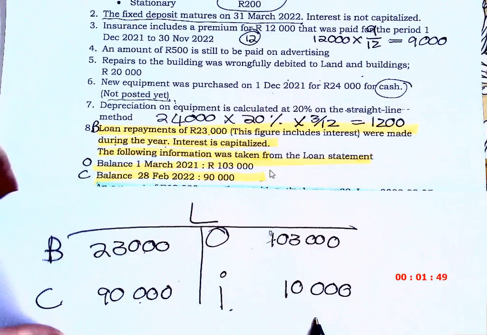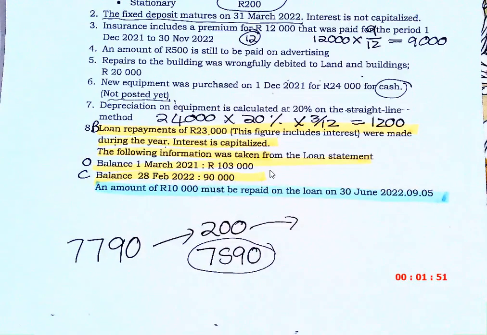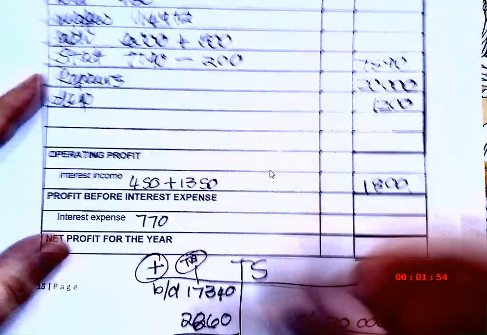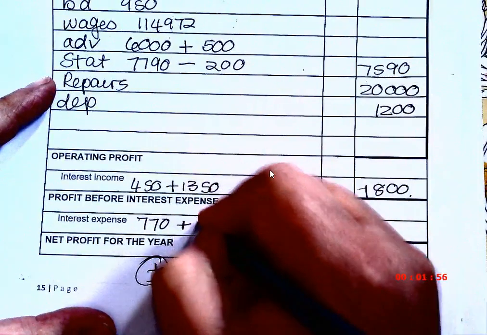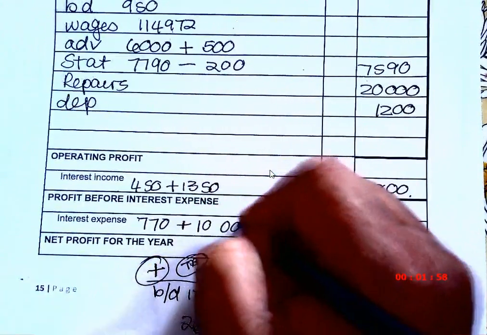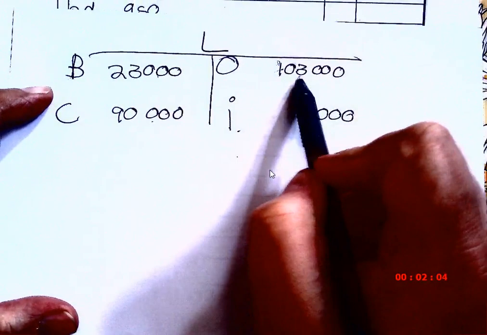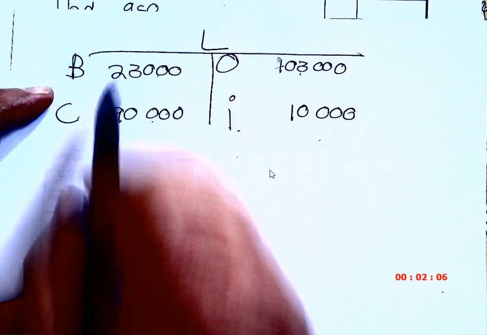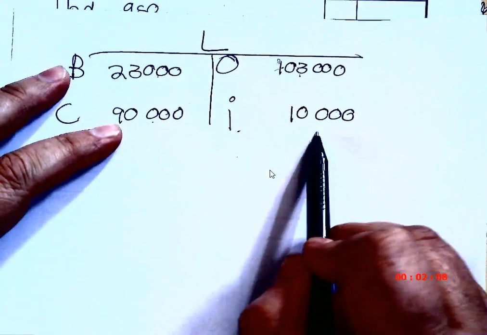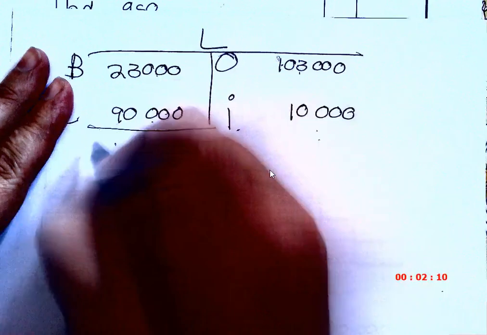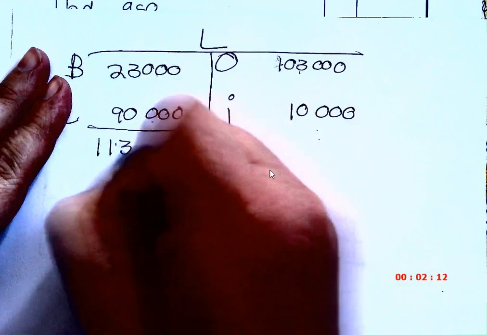Everybody with me? So when I go to the income statement, okay, let's repeat. So you can either say 103 less 23 less 90 gives me 10. Because if I add this side, it gives me 113.